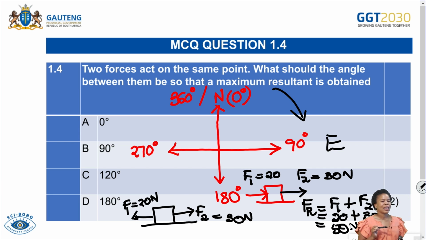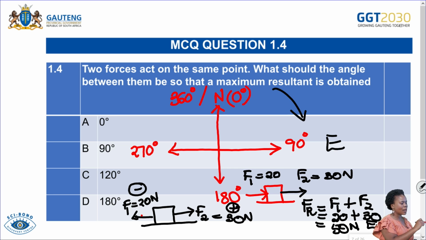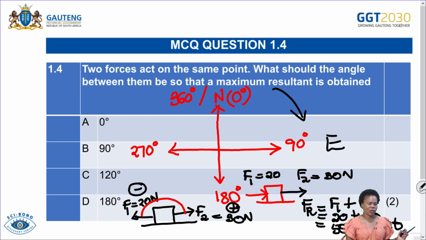That means F2 will be given a positive sign because it has a bigger magnitude, and then your F1 is going to be negative. Because now a force is a vector, and vectors have to have magnitude as well as direction. In this case, they are in opposite directions, meaning that they have a bearing of 180 in between them, because they are in a straight line.